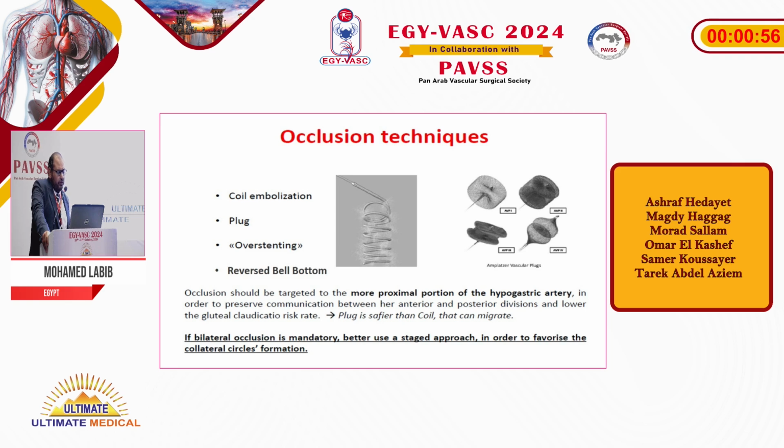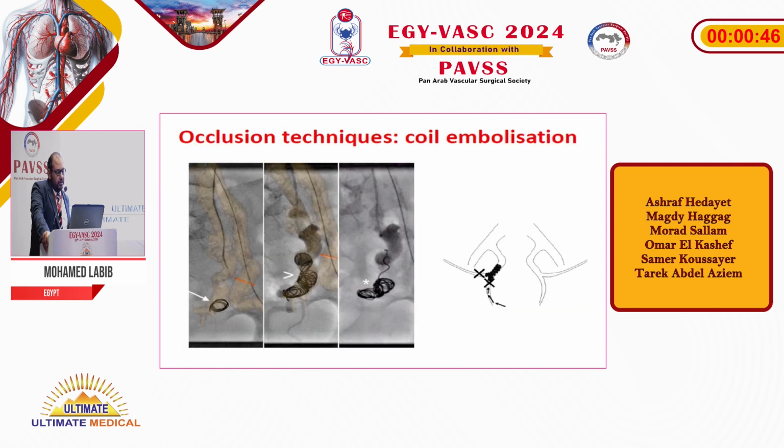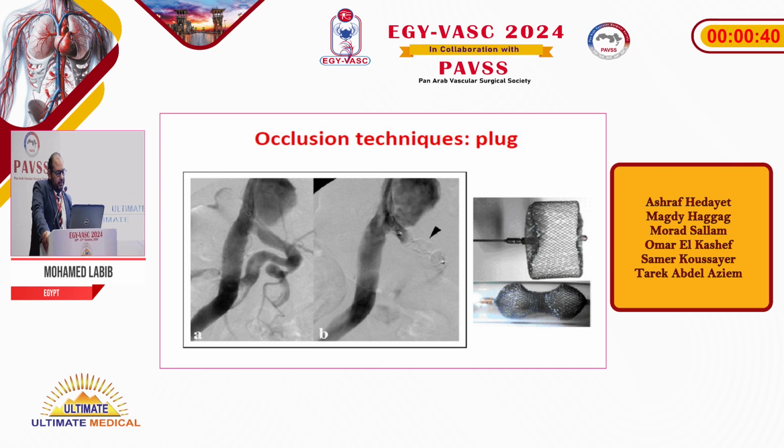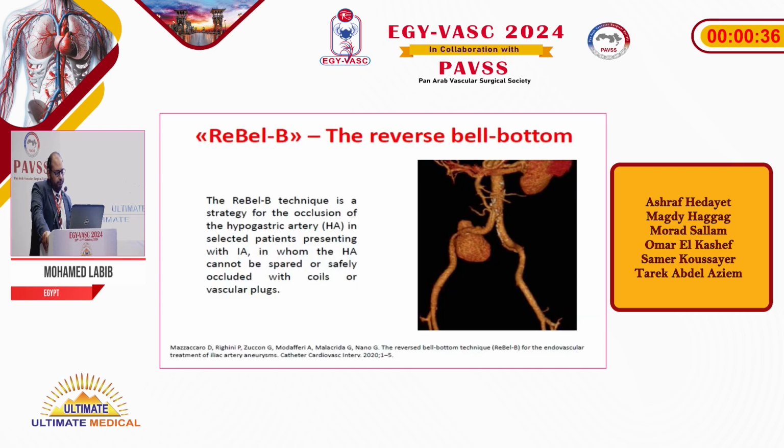We adopt the technique that bilateral occlusion must be done in staged operations to allow time for collateralization. This is one of our cases with coil embolization of the hypogastric artery, and this case uses a plug for occlusion of the hypogastric artery.